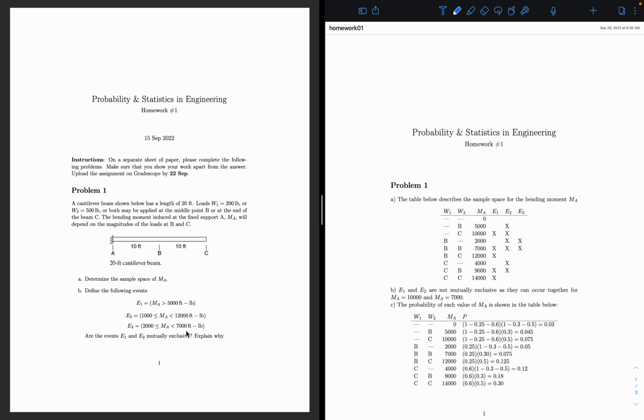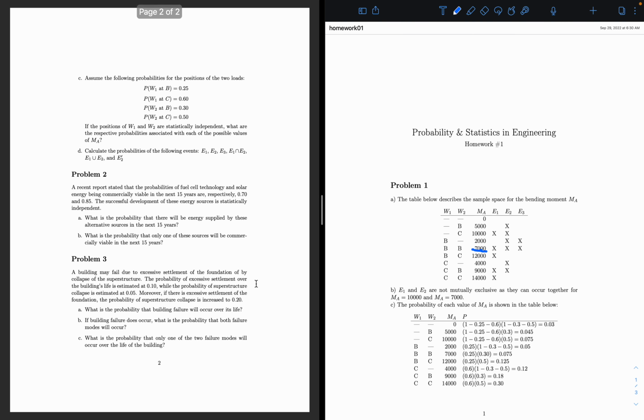E1 is MA greater than 5,000, E2 is between 1,000 and 12,000, and we already see that there are some values, like this one here, 7,000, where they both can happen at the same time, therefore they're not mutually exclusive.